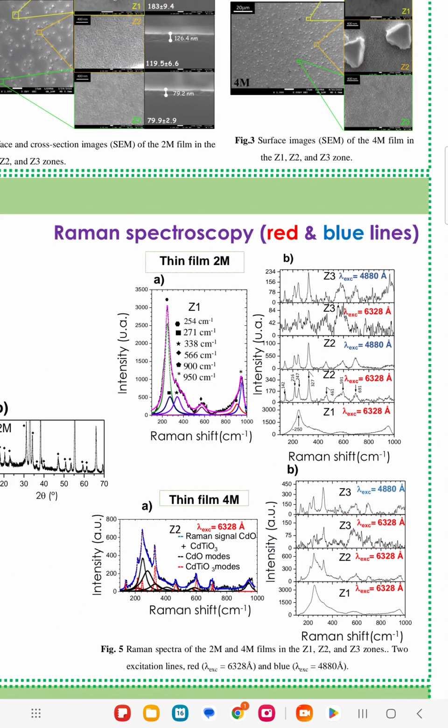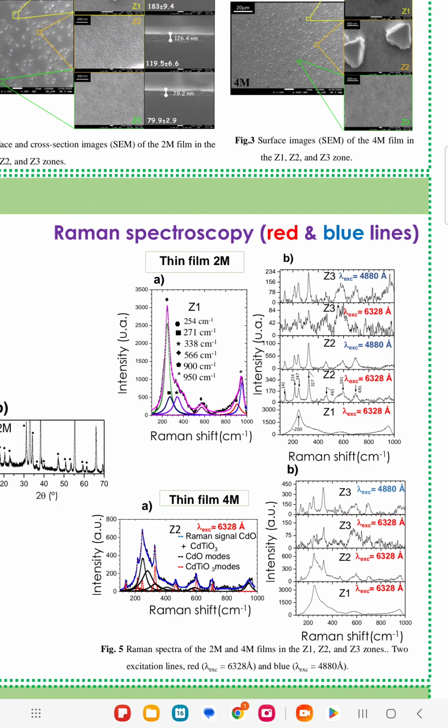So for the 2M film, we can say that this zone, the Z2 zone, corresponds to cadmium titanate.